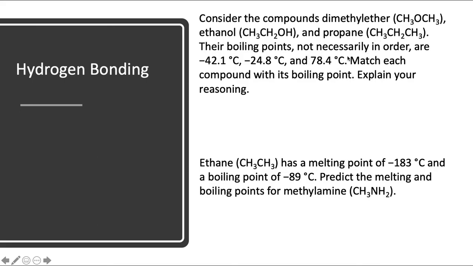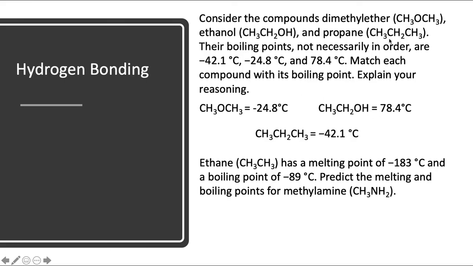So the ethanol will have 78.4, and the dimethyl ether will have the next one, minus 24.8. And then lastly, propane will have the lowest boiling point because it has the lowest strength of intermolecular forces.